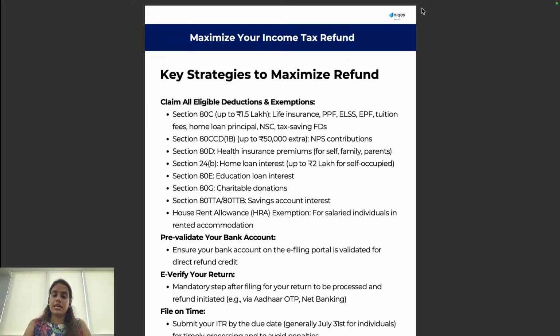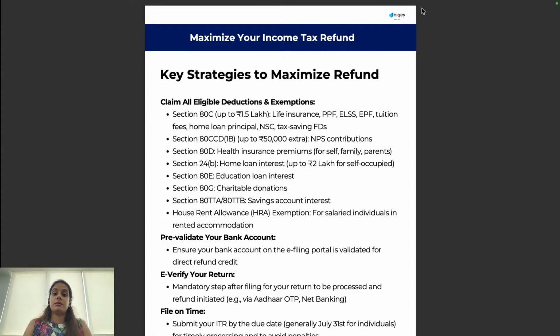If we are investing our money in those schemes, or if we fall under those categories, we can claim those exemptions and deductions if we have proper documentation and are fulfilling those conditions. So we need to strategize our finances in a way that we can utilize the maximum of the sections of the income tax department and save more taxes.